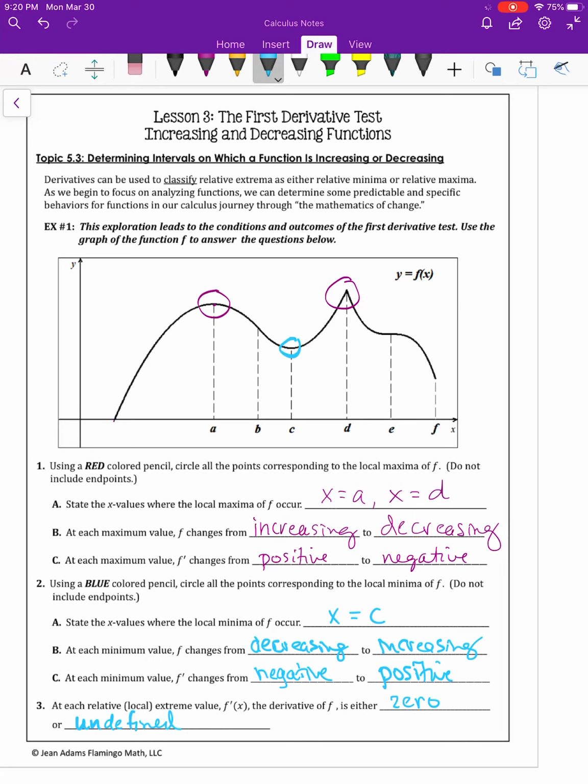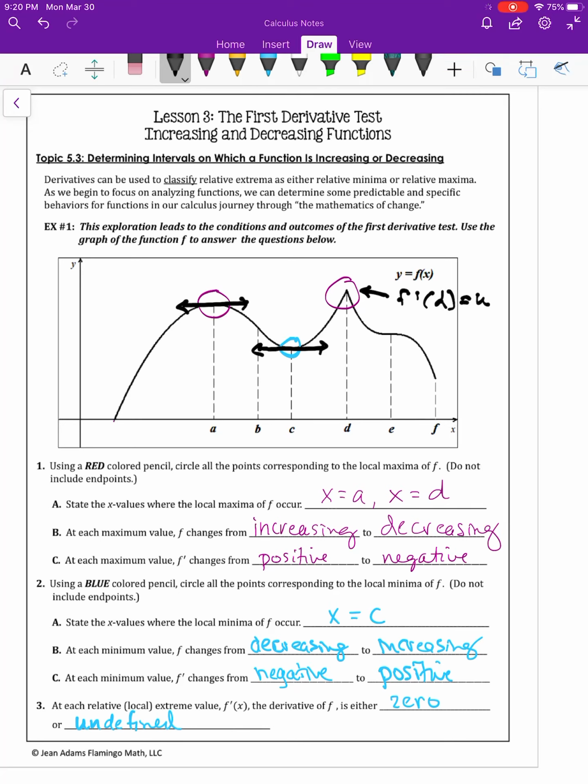Notice that if I took the derivative, I would have a derivative of 0 here. See how my slope of my tangent line is 0?